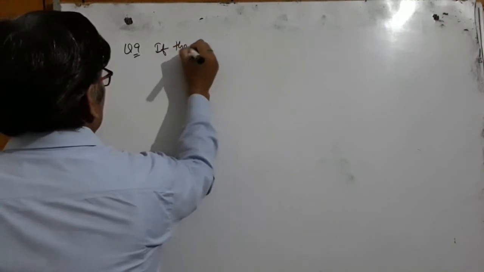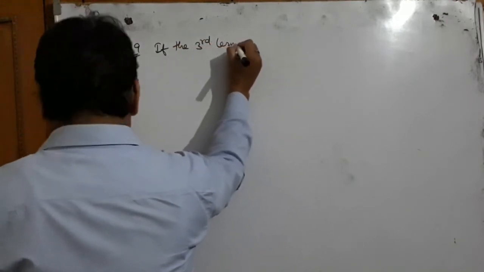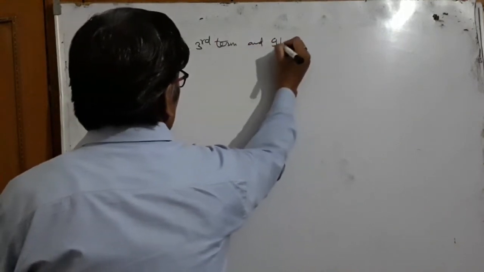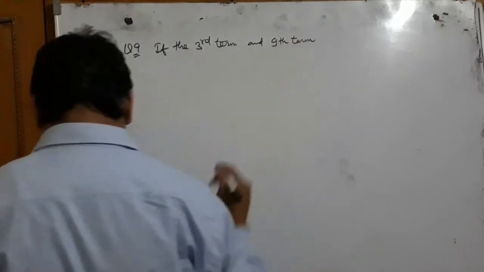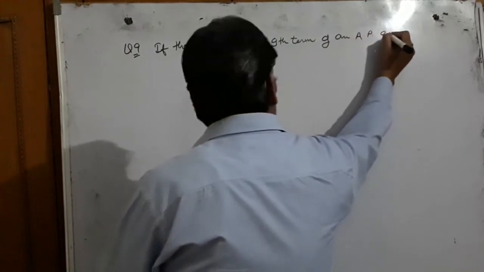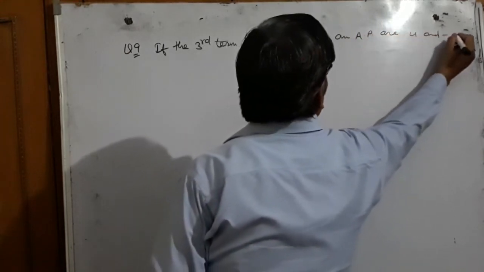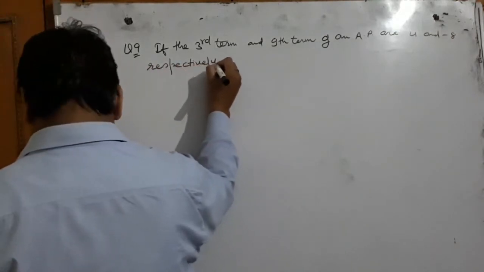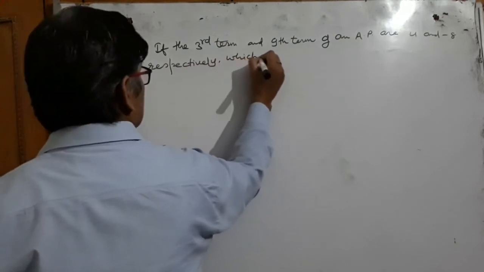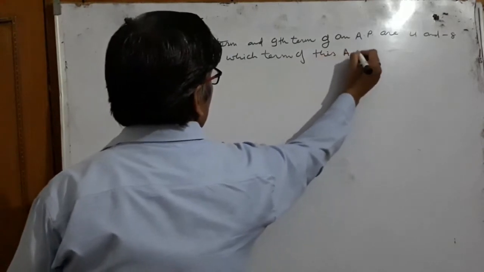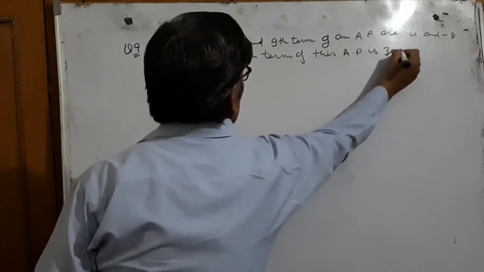If the third term and the ninth term of an AP are 4 and minus 8 respectively, which term of this AP is 0?